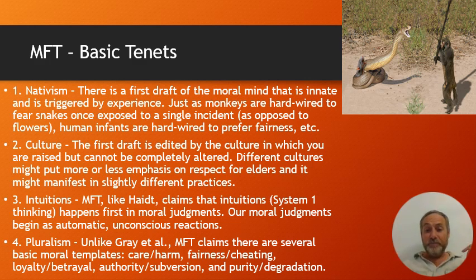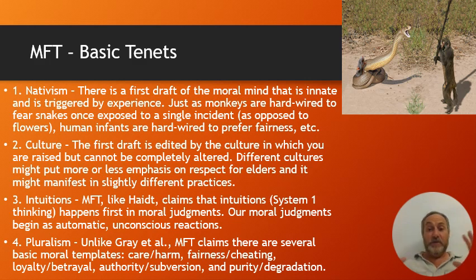For example, there's evidence that monkeys are hardwired to fear snakes. They've evolved an innate mechanism to avoid snakes, but they have to be exposed to snakes at least once for that innate mechanism to come online. And it only takes a single instance. You can get them in the lab and try to give them negative associations with flowers, and they won't develop an aversion to flowers.